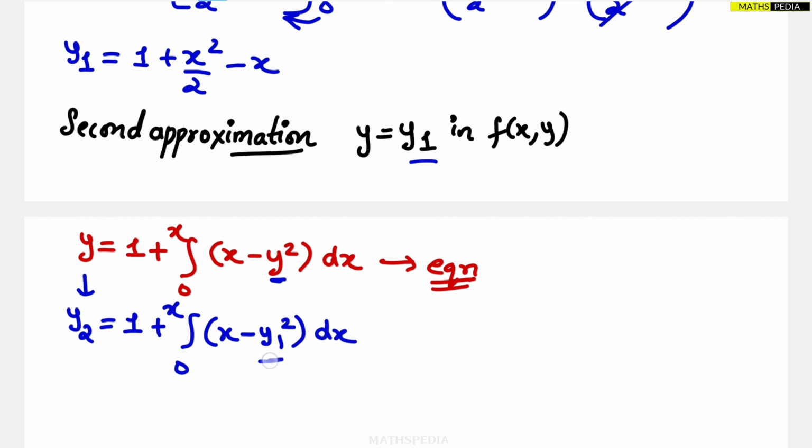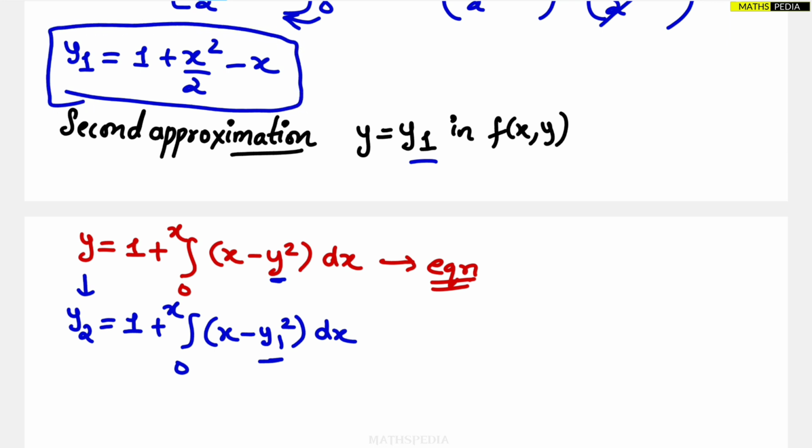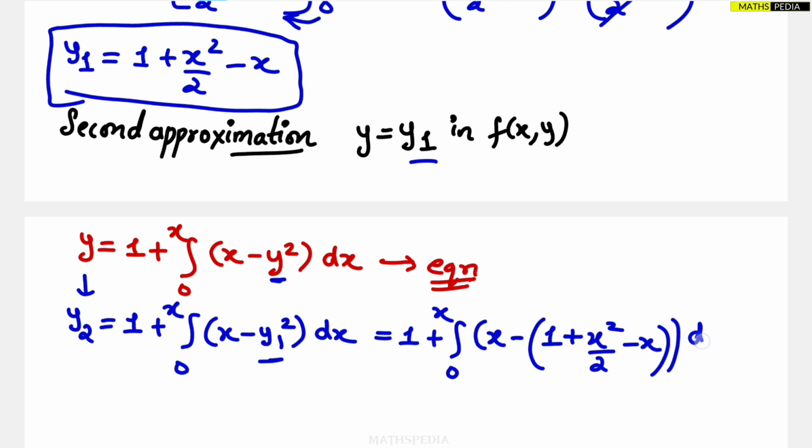So y1, the previous case, the first approximation, that you have to substitute here. Bracket is very important because the minus sign is sitting. Okay. So I have substituted the y1 value.